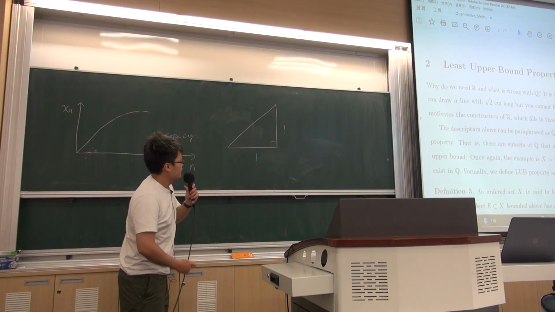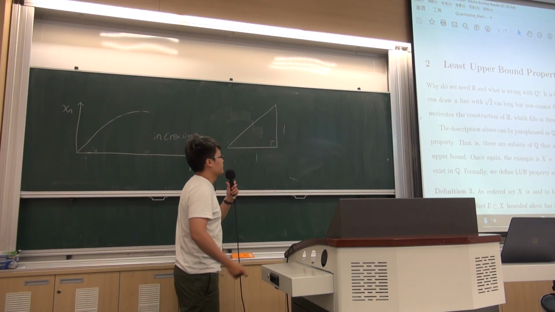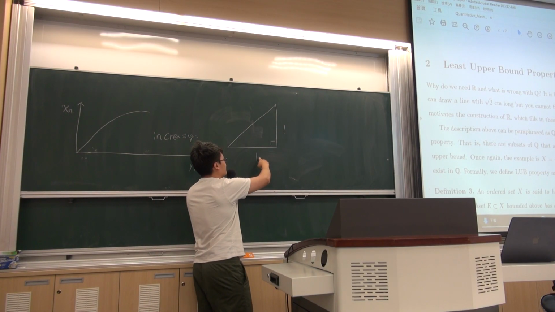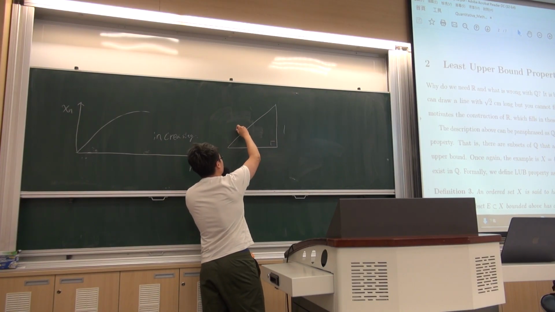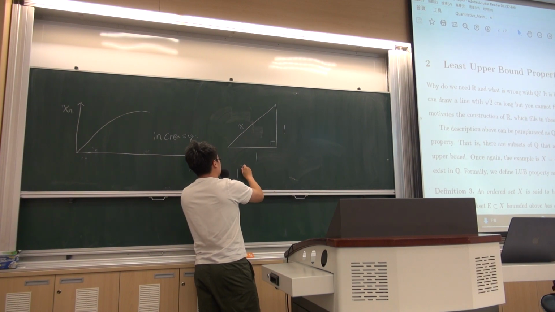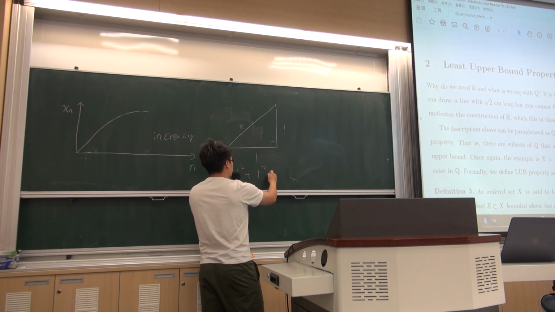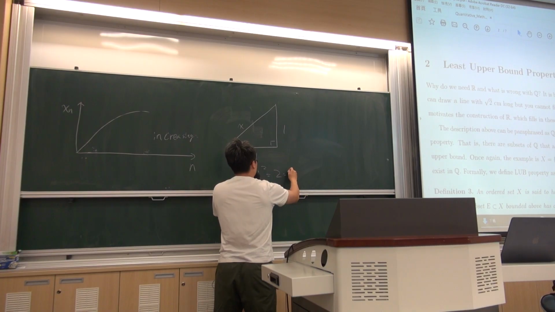We all know that in a right triangle, if you have two sides that are 1 and 1, and let's say this is x, we all know the very famous formula here, right?